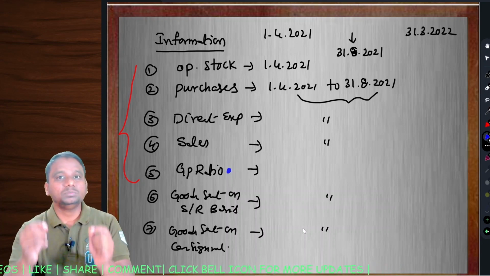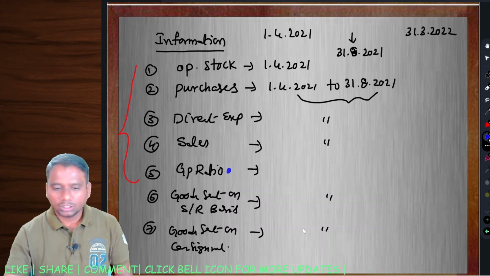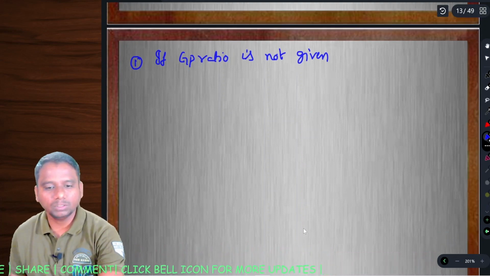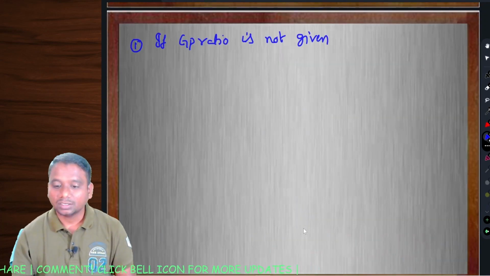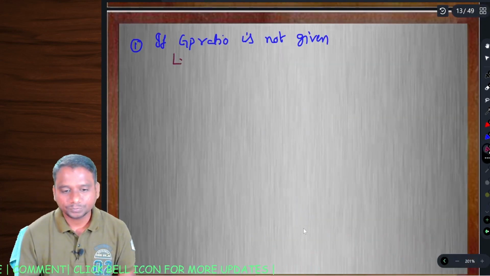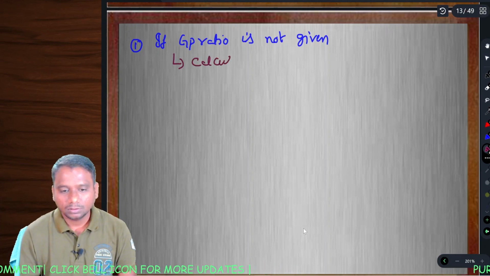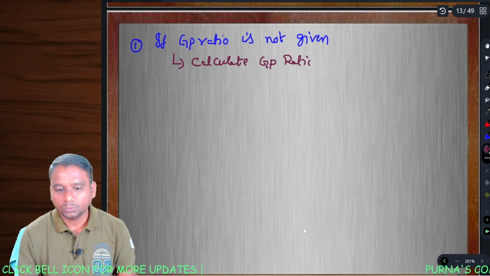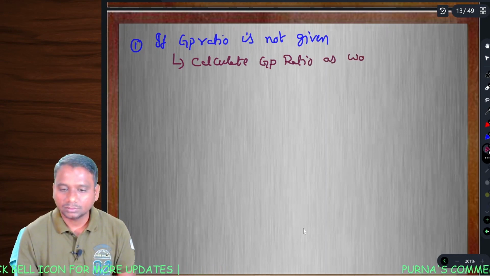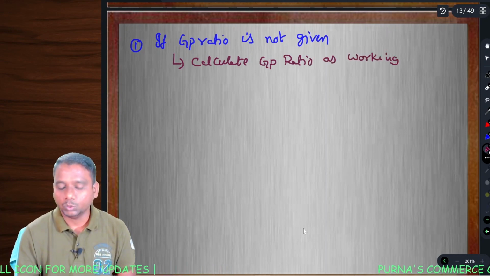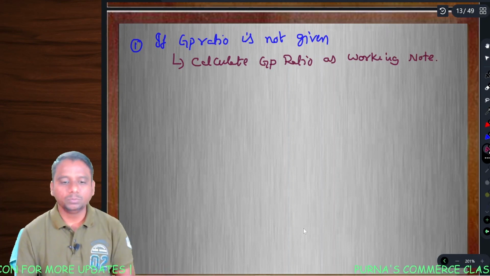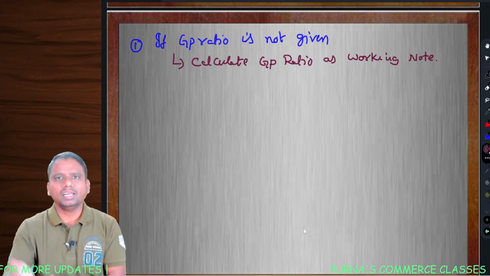Now tell me, GP ratio is not given, so what do you have to do? Will you leave the problem and come? No. Calculate GP ratio as a working note. Simple or not? GP ratio not given, then calculate.